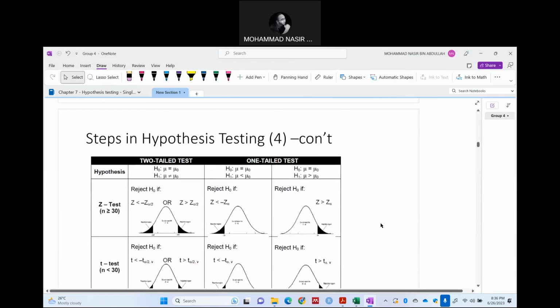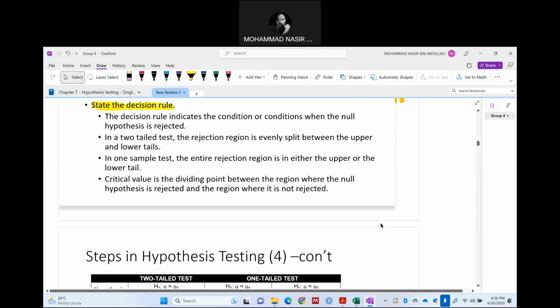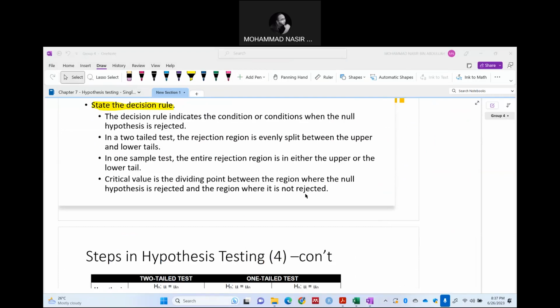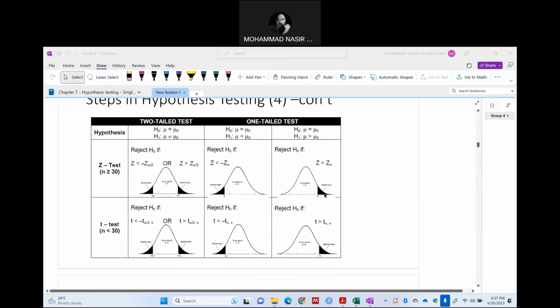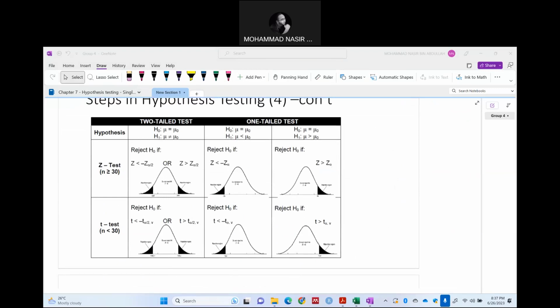So step number 5, we will make a conclusion. So we are going to have 5 steps. Step number 1, state the hypothesis statement. Step number 2, significance level. Step number 3, test statistic. Number 4, critical region and decision rule. Step number 5, make a decision and conclusion. So this is the steps, and now an example of test statistics.